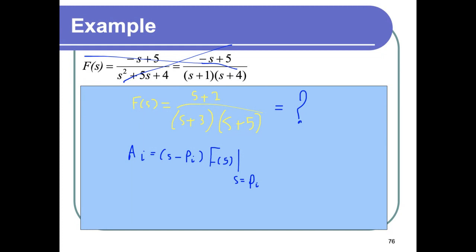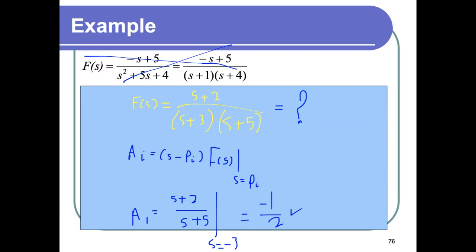Okay, let's verify. So A1 is simply I multiply by s plus 3, so we have s plus 2 over s plus 5. This is evaluated at s is equal to minus 3. So we have minus 1 over 2.